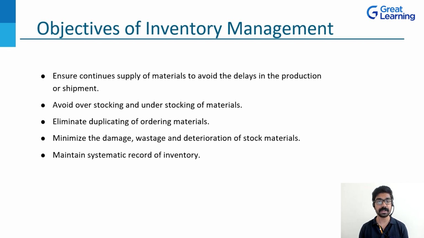Only by selling that particular item will you be able to gain profit and revenue. So all this inventory is your asset. You should know in how much quantity you should be storing your inventory, how much should be held in your inventory or warehouse. You should not be understocking and you should not be overstocking either.